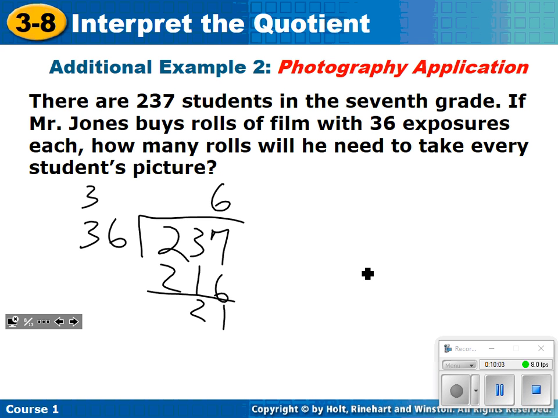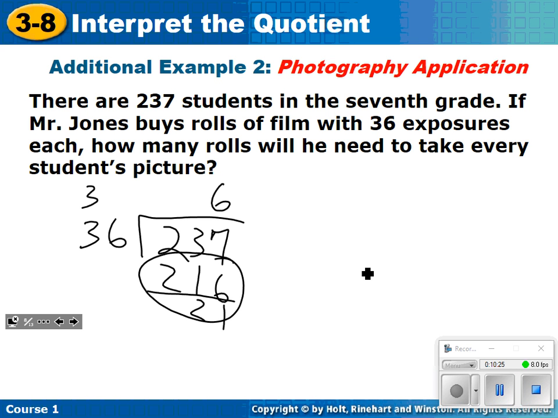Why? There's still leftover students, aren't there? If I buy 6 rolls of film, I'm only taking 216 pictures. I have to take 237 pictures. So I need to buy 1 more roll of film.